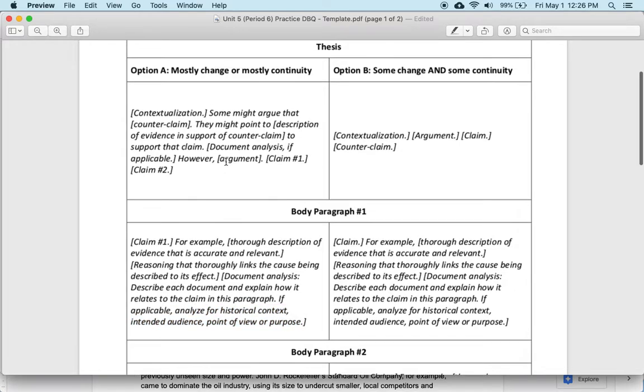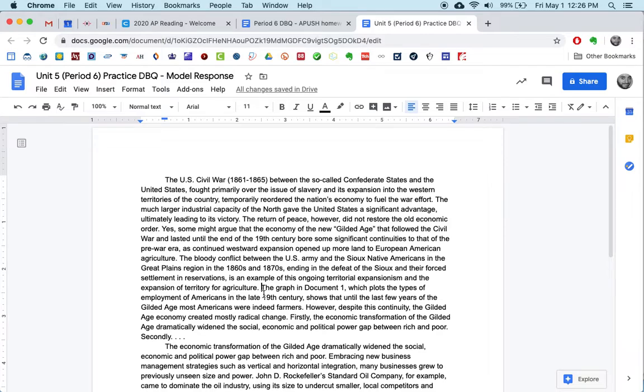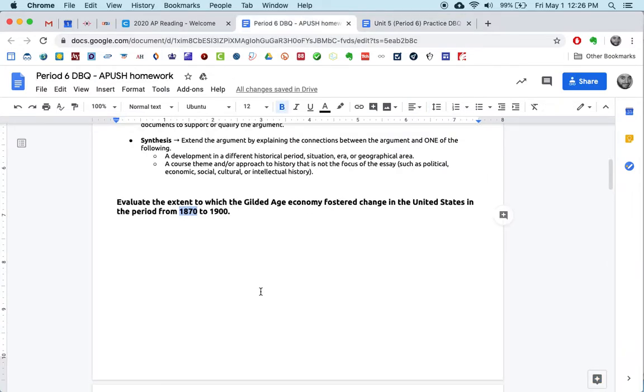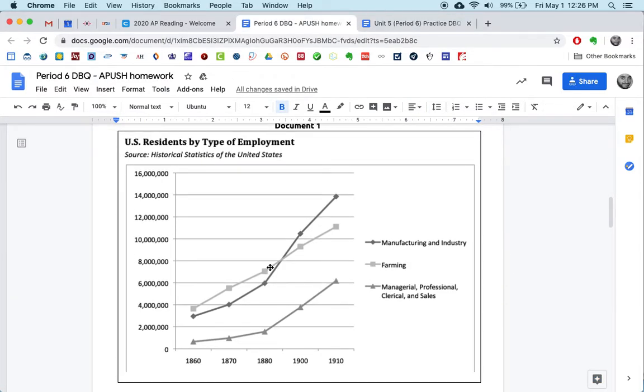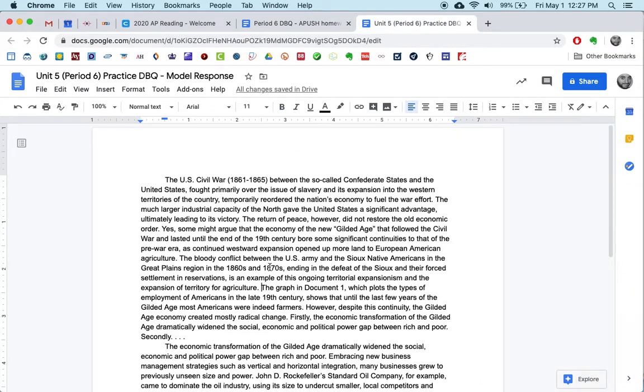I decide not to, but I do include a document. The graph in document 1, that's this graph here, which plots the types of employment of Americans in the late 19th century. That's me describing the document very briefly, but nonetheless doing it, and that will give me the credit.